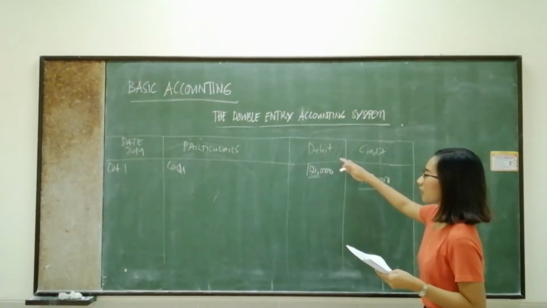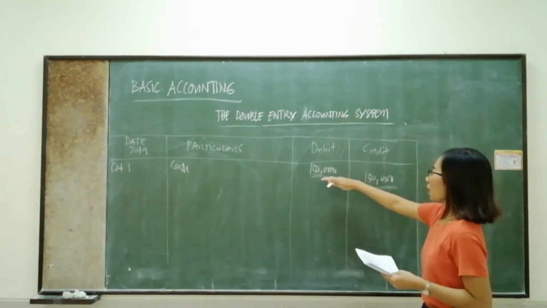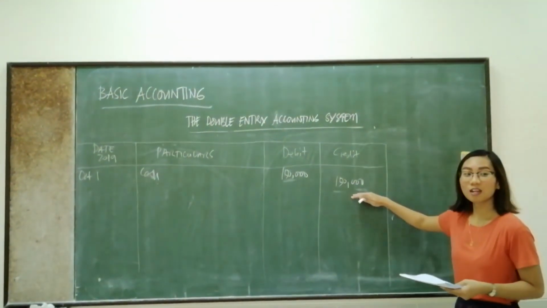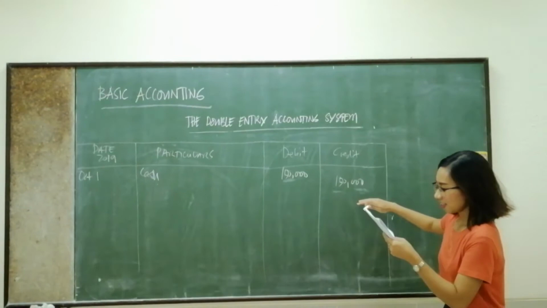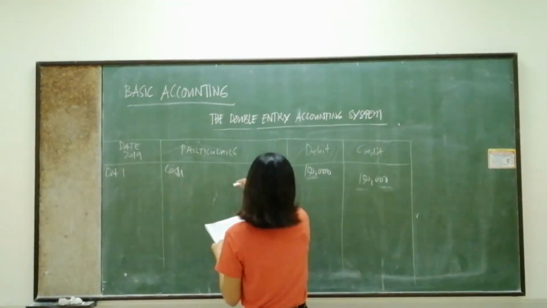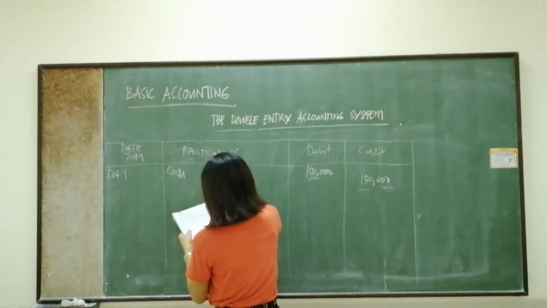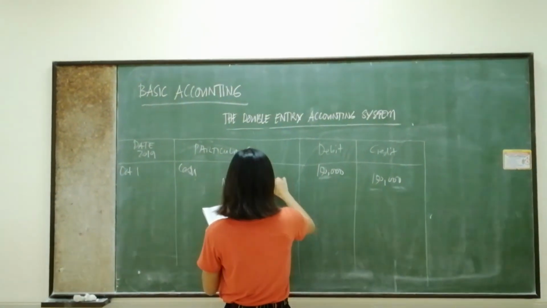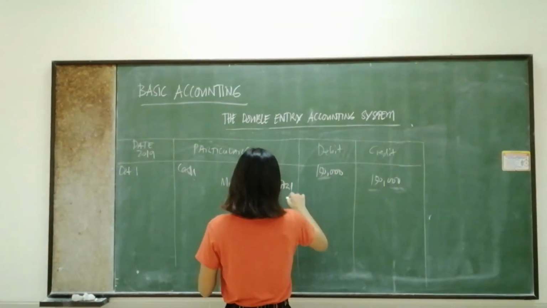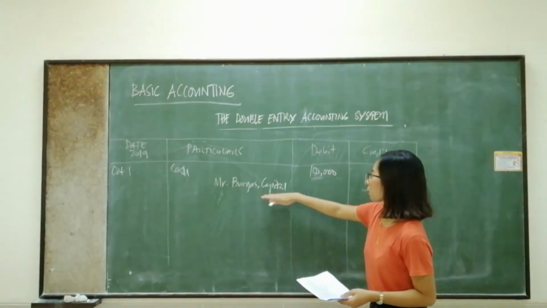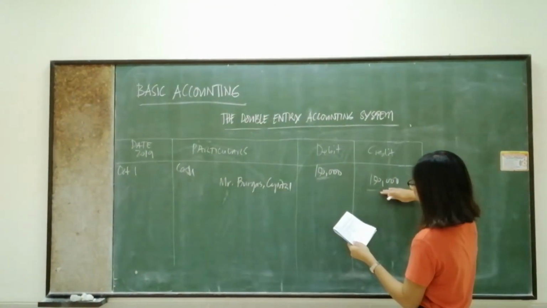So a debit and a credit. Whatever the amount in the debit should equal the amount on the credit side. So what's the credit? Mr. Burgas capital. So debit cash, credit Mr. Burgas capital.